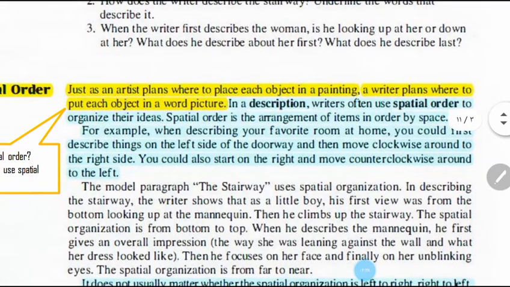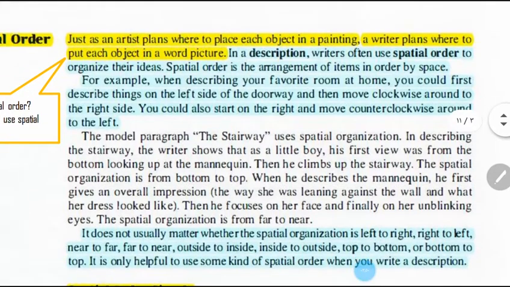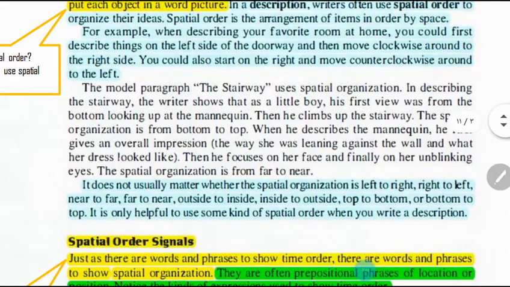You could also start on the right and move counterclockwise around to the left. Before you start describing your room, you can say what the things are on the left, on the right, on the top, and on the bottom. So give an idea to the reader before you start describing the main thing that you are going to talk about.